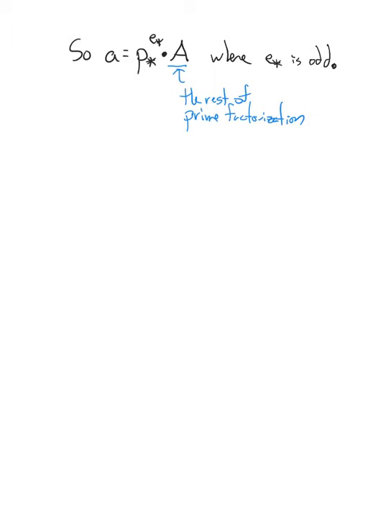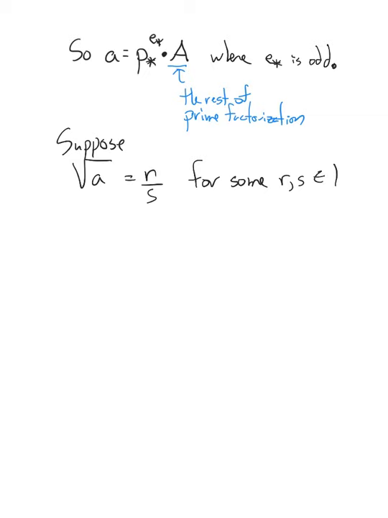All right. Now, we're saying that A is a non-square, and its square root can be represented by a fraction. So let's go ahead and do it. Suppose that square root A equals r over s for some r and s that are natural numbers. Excellent.